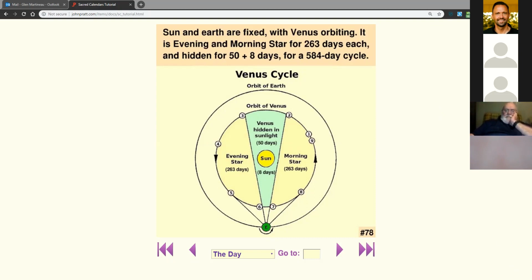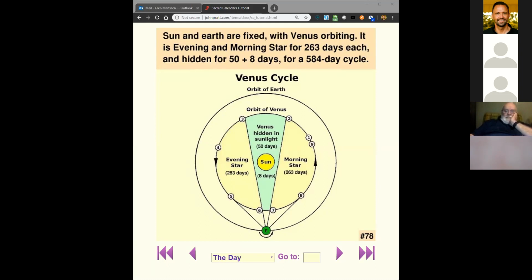But the cycle in the calendar is 584 days because it's not Venus going around the sun. It's going as seen from the Earth, as if the Earth were stationary, and seen relative to the sun. So this picture that we're looking at now is a picture where not only is the sun stationary, but the Earth is stationary. It just sits at the bottom and rotates.